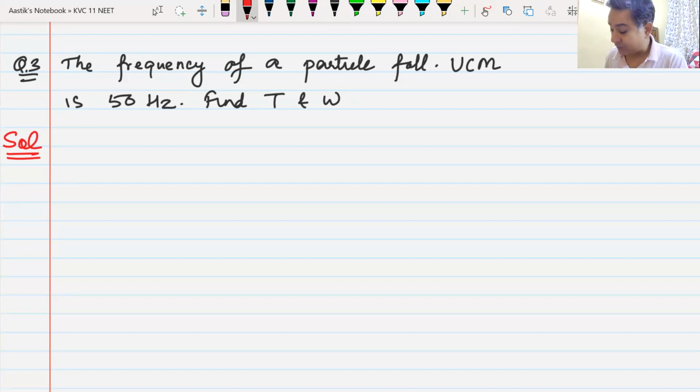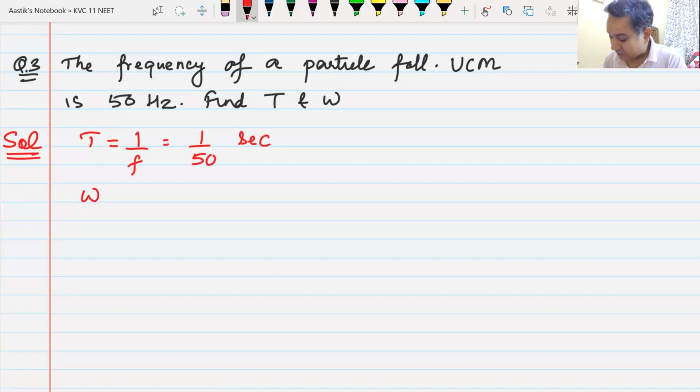Yes, do we have an answer? How do you find the time period T? Anyone? 1 by F, sir. So it is 1 by 50 seconds. You can calculate 1 by 50 and that is your answer.